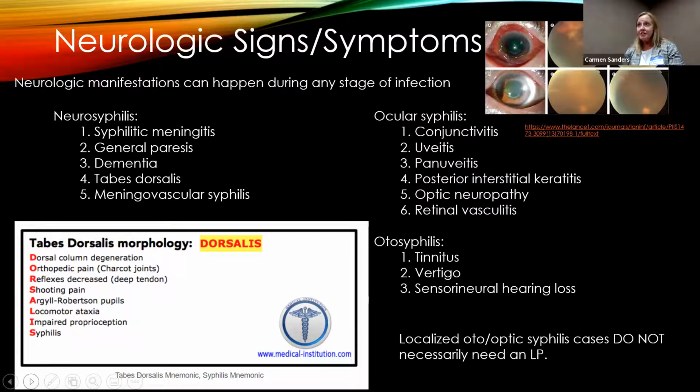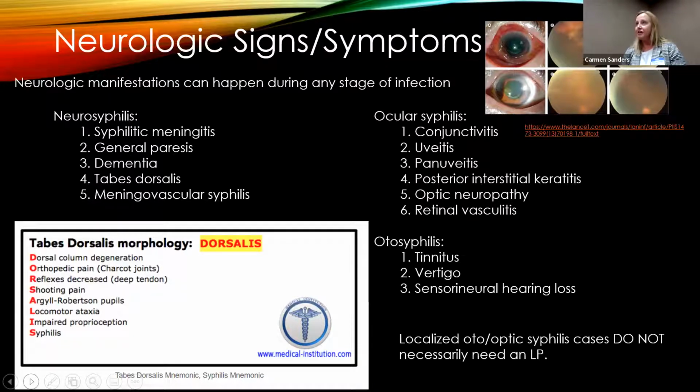With ocular syphilis that has settled into the eye, we'll see the conjunctivitis and the uveitis, panuveitis, which is a more diffuse inflammation of the eye. You'll see posterior interstitial keratitis, which is something the ophthalmologist will tell you about, and we generally won't see that in the clinic. Optic neuropathies and retinal vasculitis are things that can happen when we have syphilis that attacks the eyes.